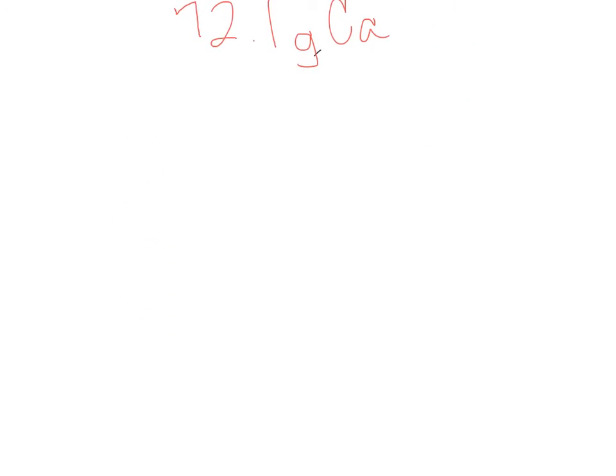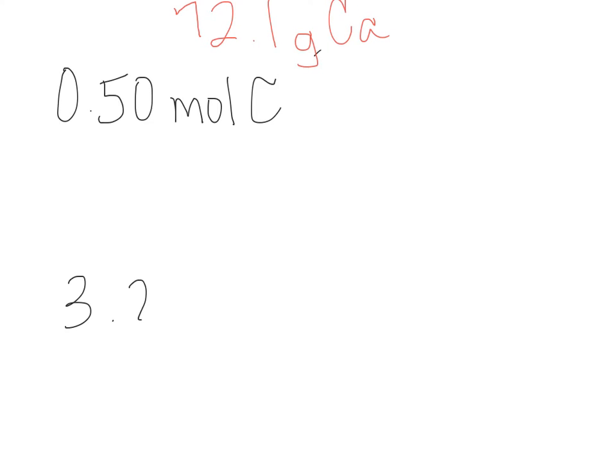Now, let's go down here and do our next two example problems. Number 3, 0.50 moles of carbon, and next one, 3.20 moles of copper. So again, these come from page 133 at the bottom. We've got to create a conversion factor here. So 0.5 moles of carbon.